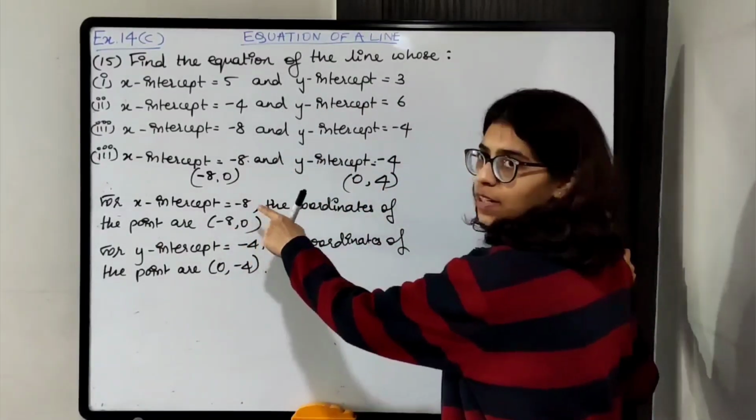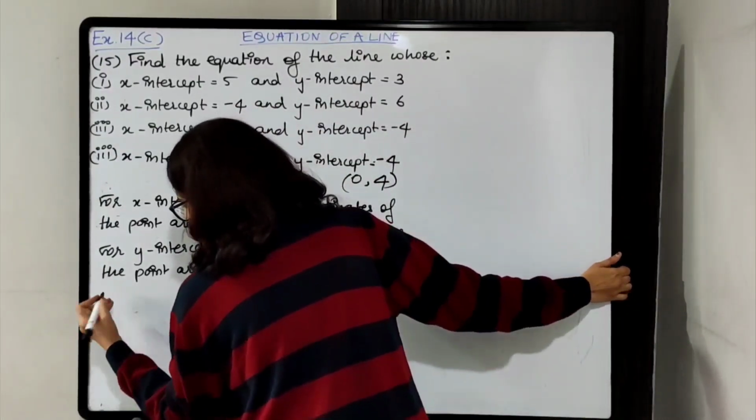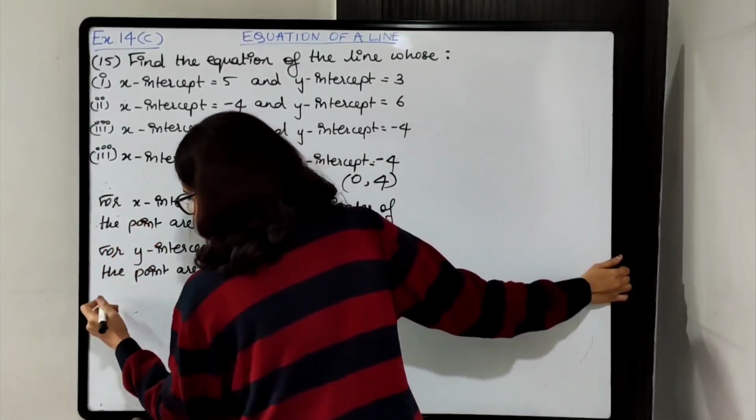We'll take the first one as x1 y1, the second one as x2 y2. I'm going to take it that way. Okay, you can take according to your wish.